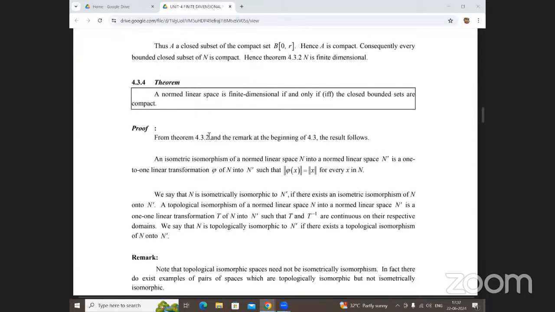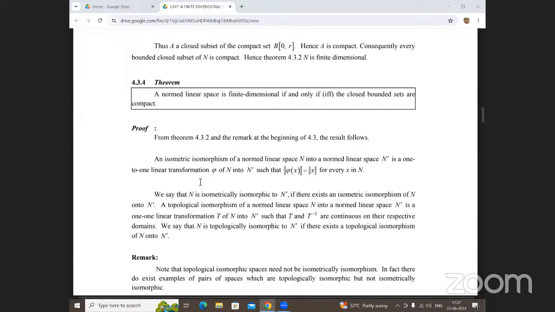Now those two statements you have to write here, and then an isometric isomorphism of a normed linear space capital N into a normed linear space N dash. So between N and N dash there are two normed linear spaces, and the connecting map is an isometric isomorphism.